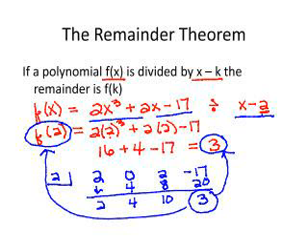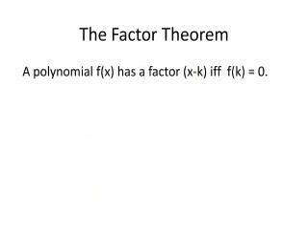And sure enough, those two are equal to each other. The factor theorem, though, says a polynomial has a factor x minus k, if and only if, f of k is equal to 0.